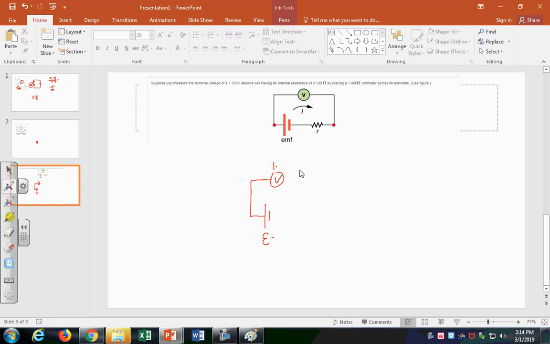Very sorry. My voltmeter is reading 1.585 volts. I'll write on the board, but then people won't see it, but let me just show you here.